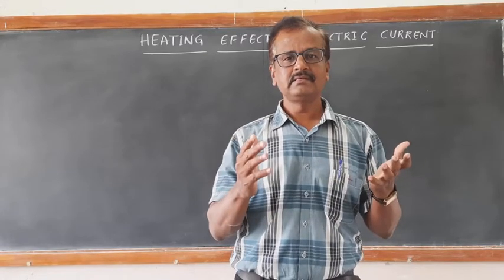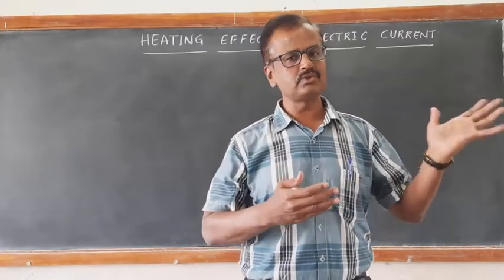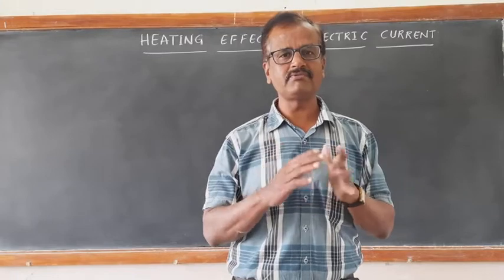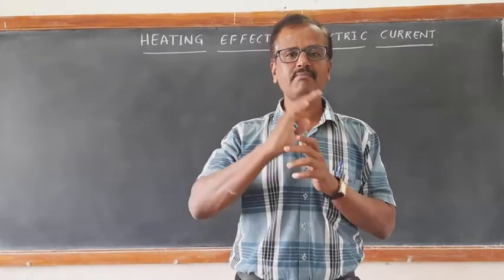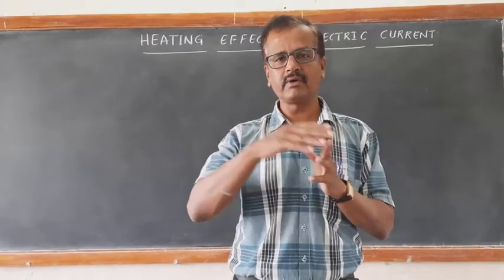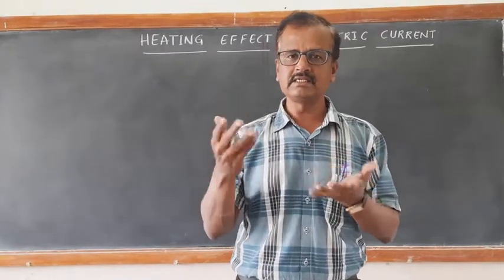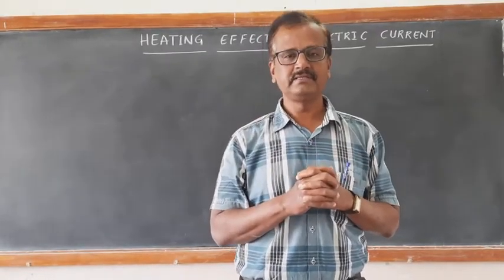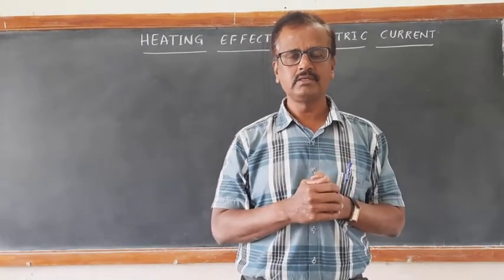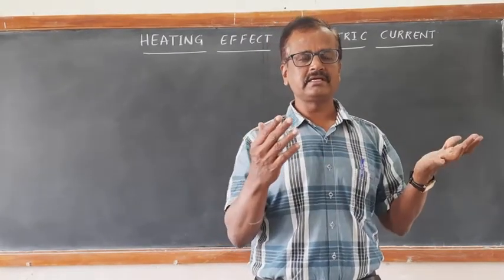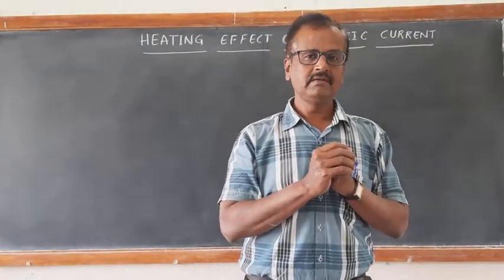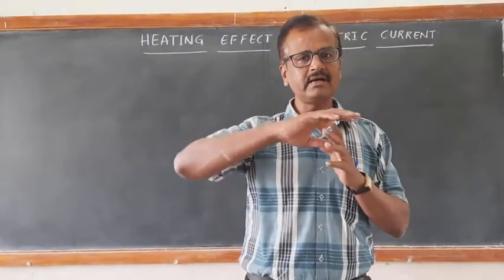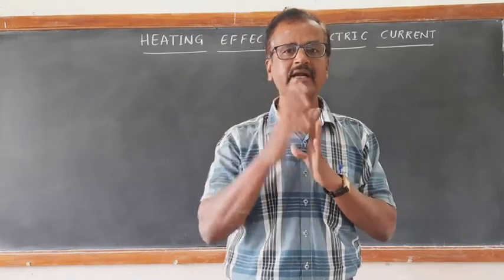When the source is supplying the energy continuously in the form of voltage and current, some part of that energy is dissipated in the form of heat. That is quite a common experience. When the circuit consists of bulbs and fans, bulbs convert the electrical energy into light energy.